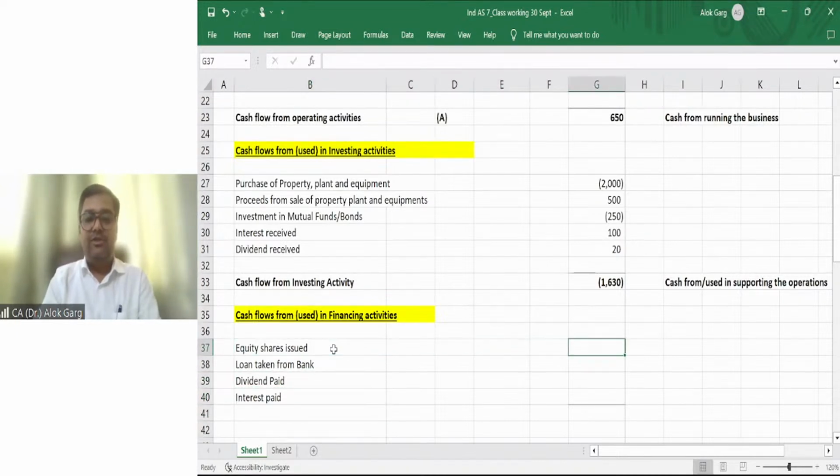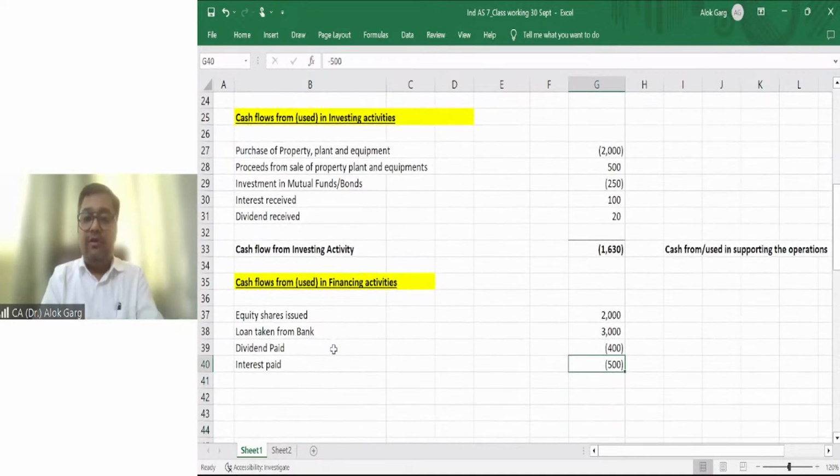Let's say equity share issued is, for example, 2000 crores. Loan taken 3000 crores. Dividend paid, for example, 400 crores negative. Interest paid negative 500 crores.